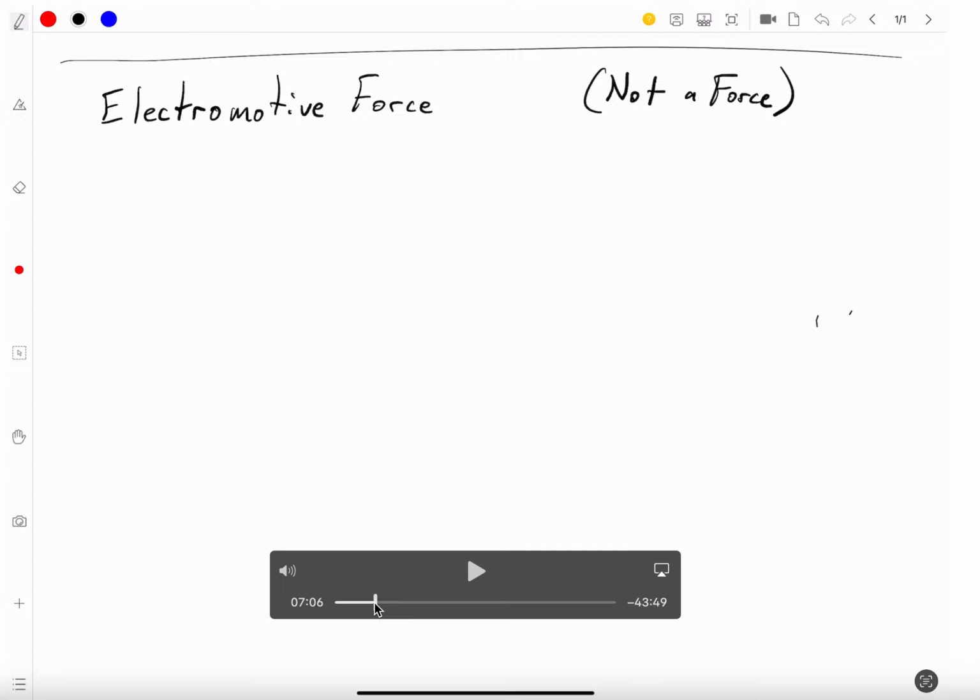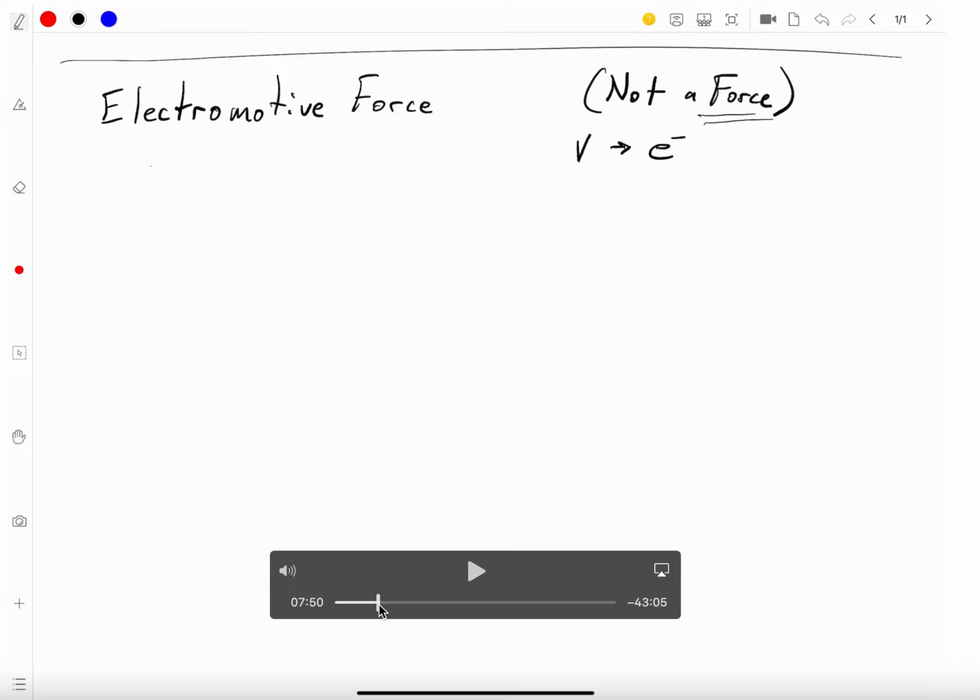No, I'm just kidding. I don't know anything about it other than that in the 1800s, they thought it was forcing current through. So something is causing this force, and they called it an electromotive force, but it's not a force.